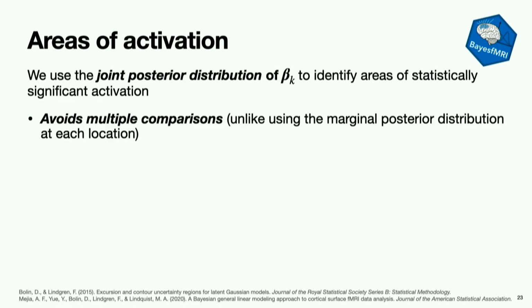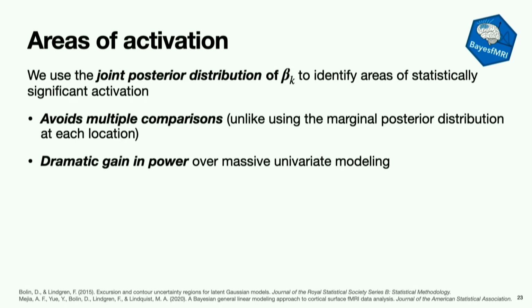This is unlike using the marginal posterior, which was done in earlier spatial Bayesian models for volumetric analysis. So we have a dramatic gain in power over massive univariate modeling, and also a gain in power over the use of the marginal posterior, because using the marginal posterior requires correcting for multiple comparisons. Since we do not have to correct for multiple comparisons, and because we're leveraging spatial dependencies, we see a massive gain in power.